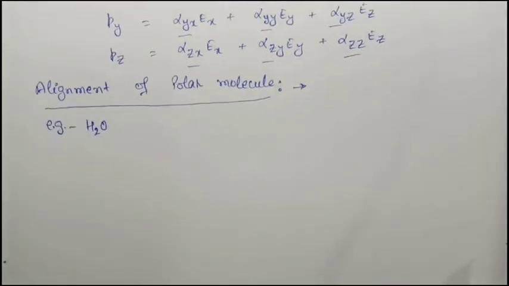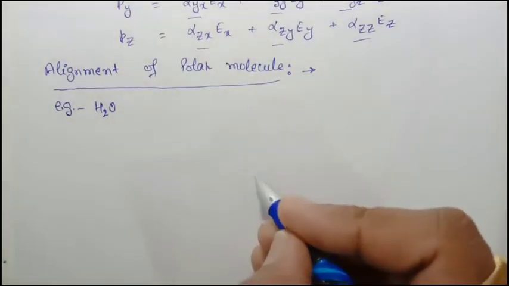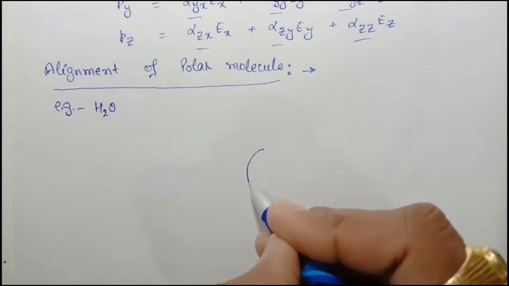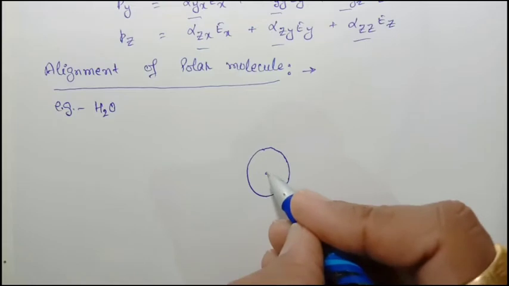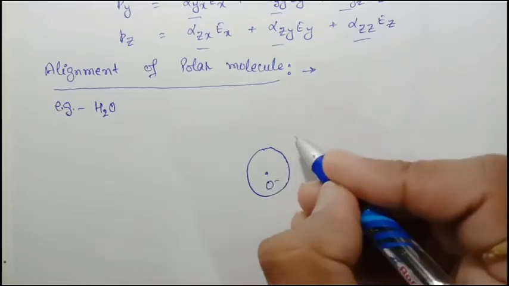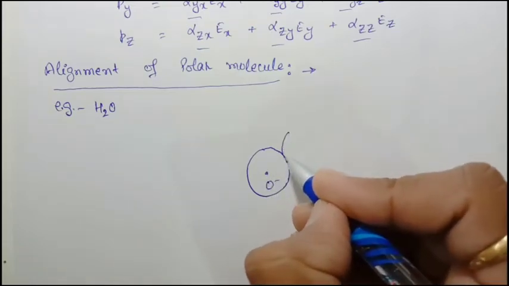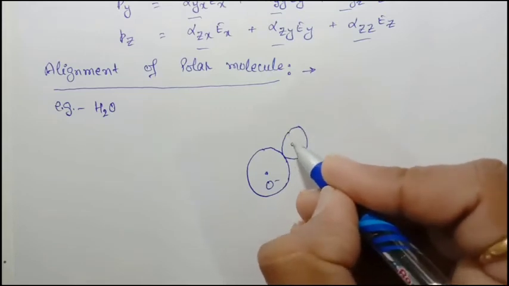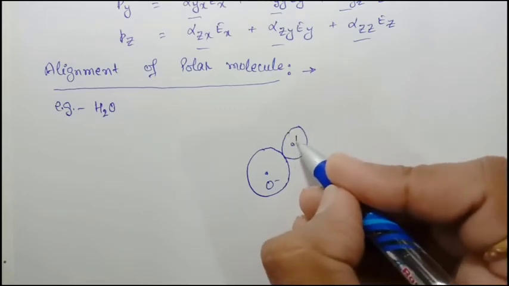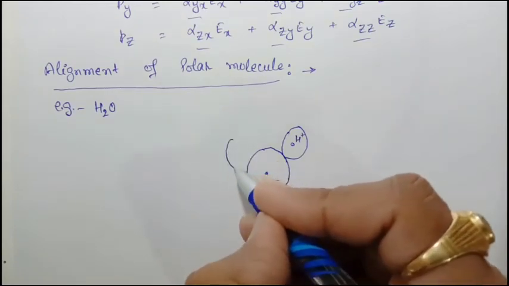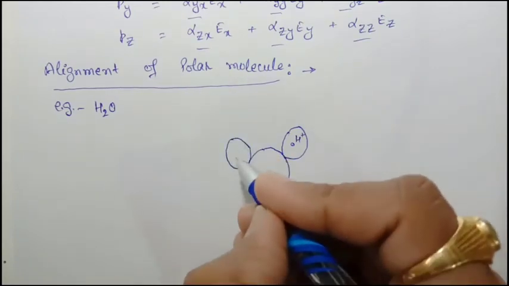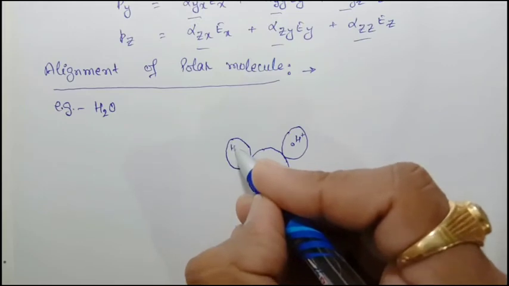Suppose we have the case of water. Here we have oxygen, this is O negative, and here we have hydrogen, H positive. Similarly here we have H positive.